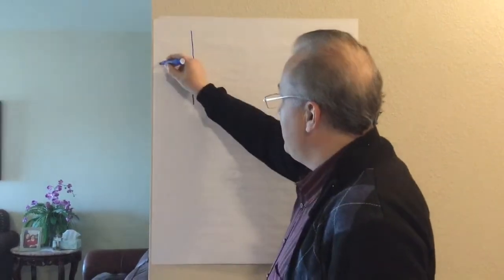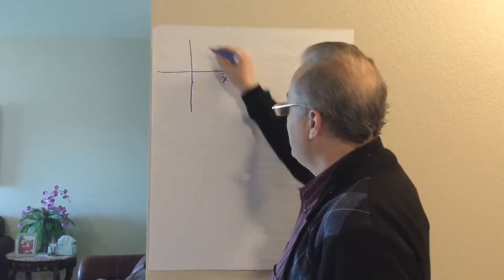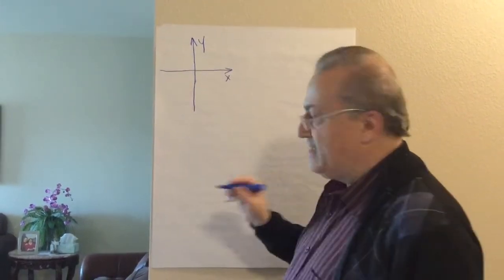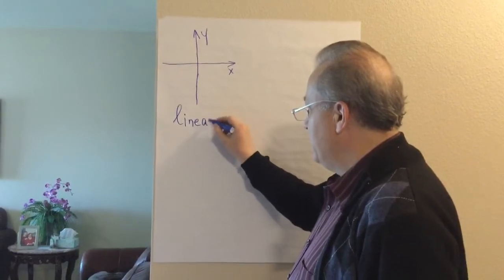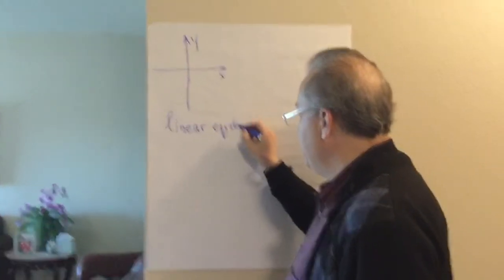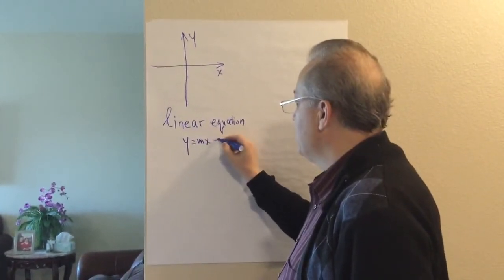What do we have here? The coordinate plane. X and Y. And all what I ask you to do is show me the linear equation, the linear function. Y is equal to mx plus b.